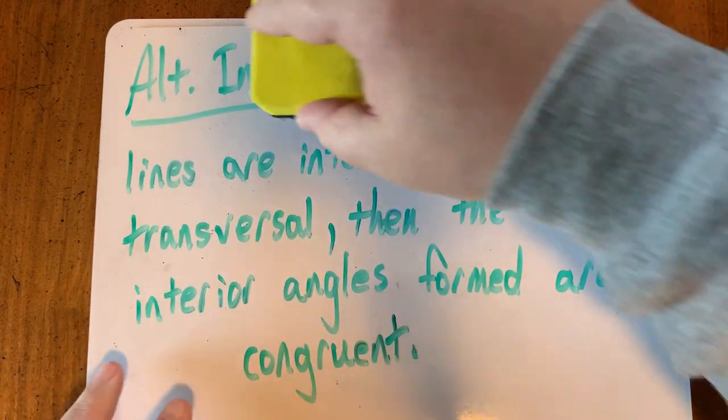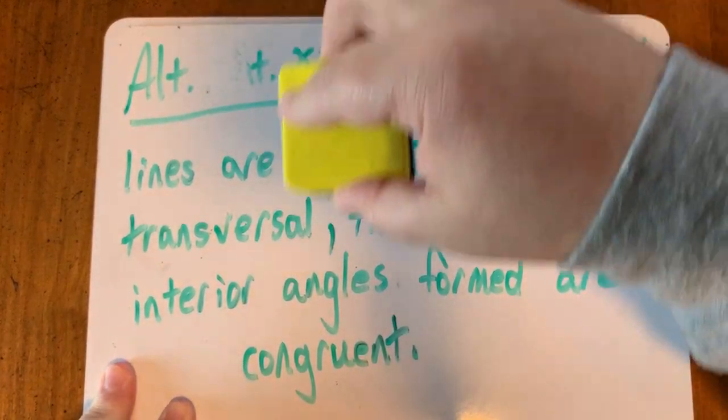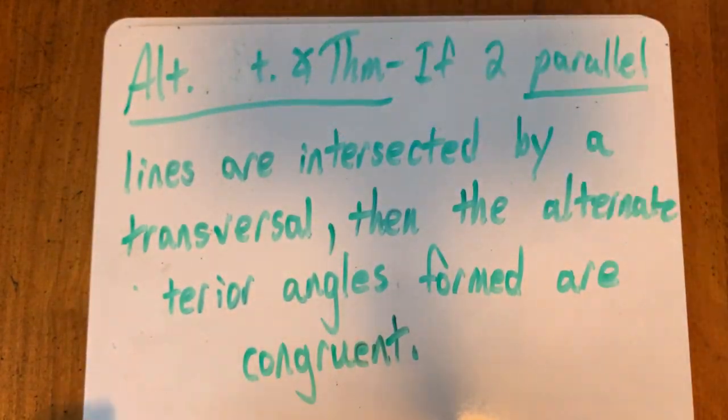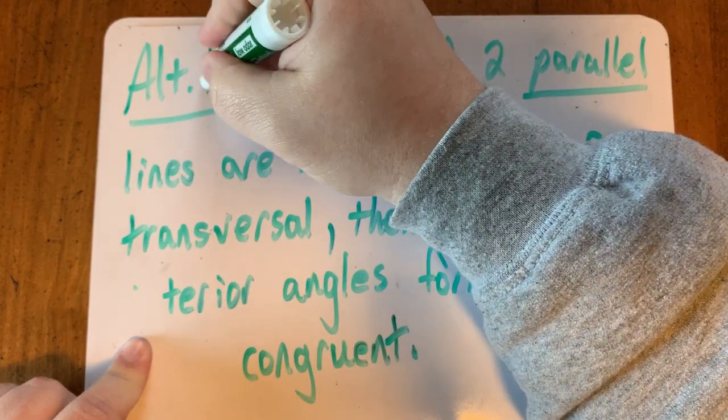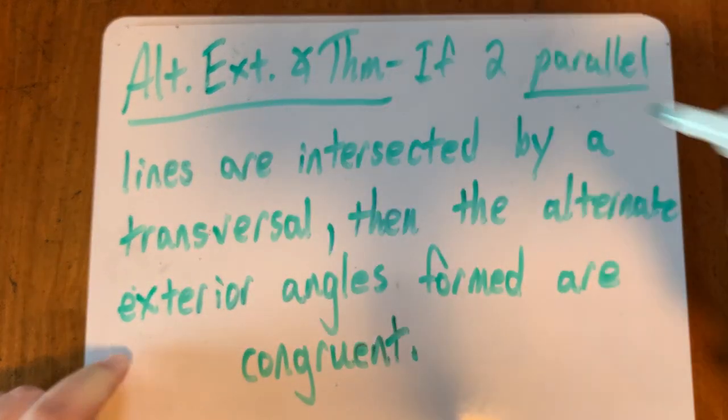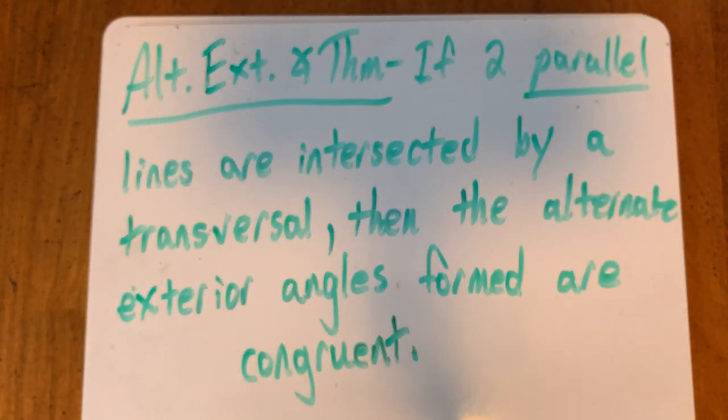So the alternate exterior angle theorem, let's fix that and fix that. So it's the same as the alternate interior angle theorem, except spelled differently. There we go. So these are the relationships that are formed when you have two parallel lines and a transversal.